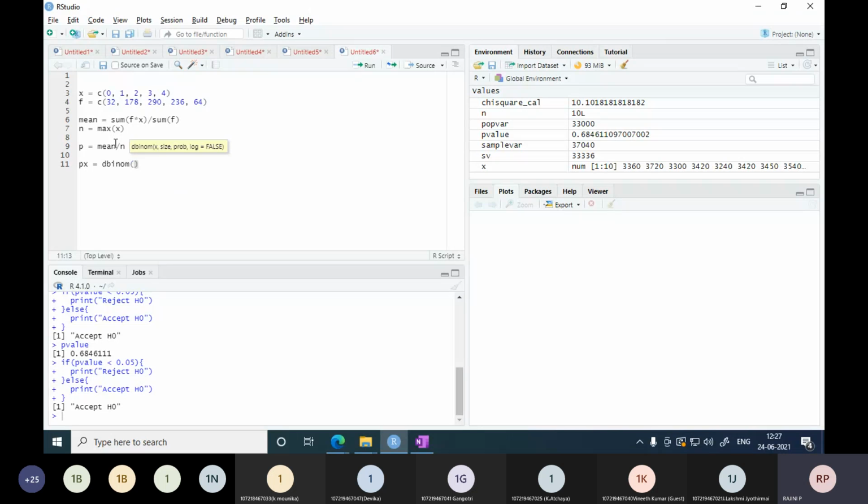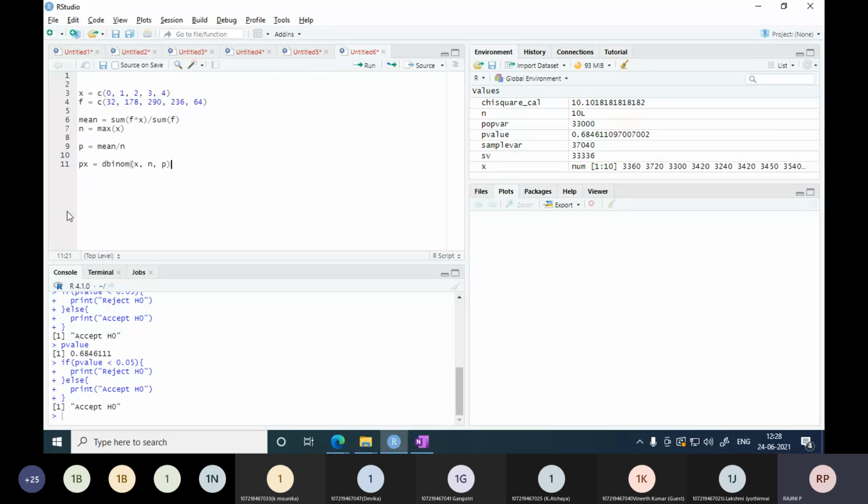Open the bracket. Then it is asking for the binomial distribution of which values. For all the x values, so write x comma. And it is asking what is the size. Size means the n value, the number of observations. And next you need to give the probability of success, that is the p value.